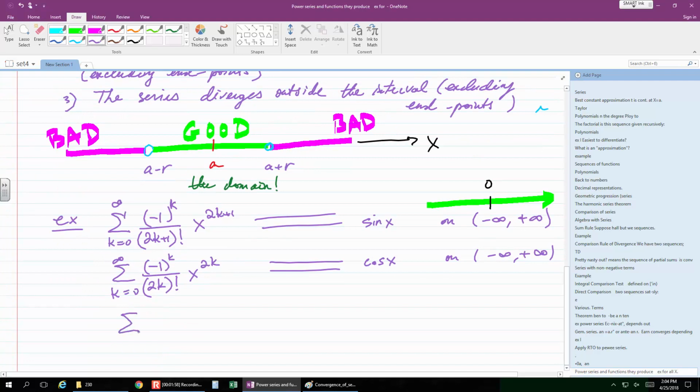Just for completeness, let me give here my exponential function, the sum of 1 over k factorial x to the k. So the exponential function, once again, is convergent on the whole real line.